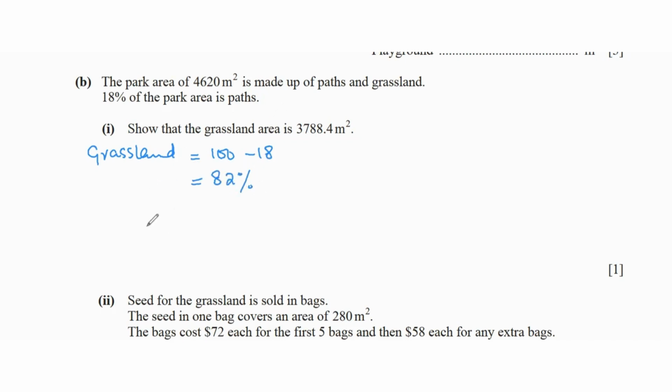So 82% of 4,620 is going to give us the area of grassland, which is basically 3,788.4 meters square, as shown in the question.